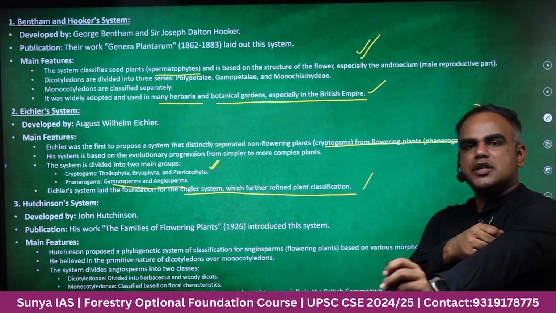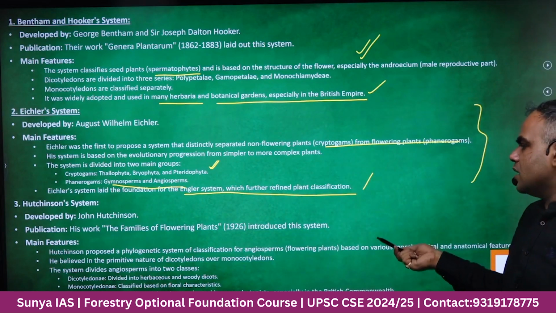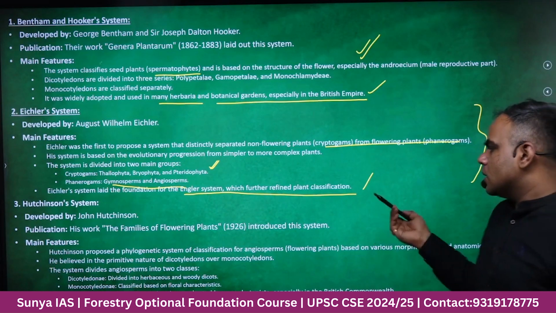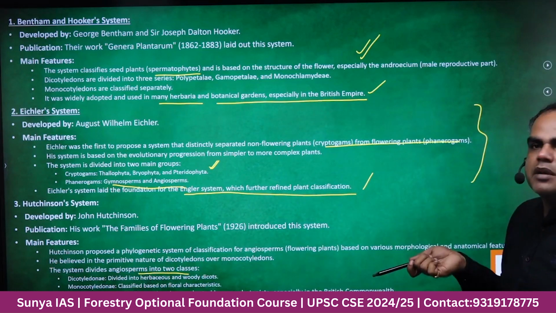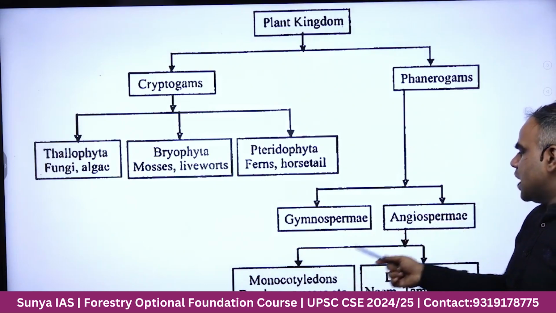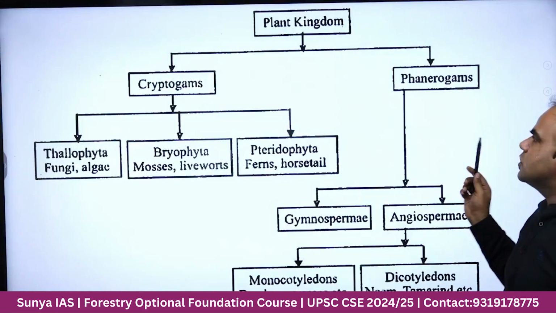And lastly is the Hutchinson system. Okay, so here also what you have to understand, it is also phylogenetic. Again, this is evolutionary. Okay, now here angiosperms are divided into dicots and monocots. So in this diagram, you should write down, this is basically the Hutchinson system.